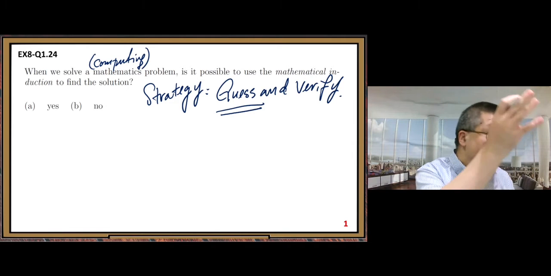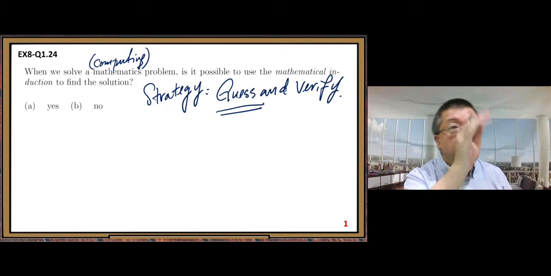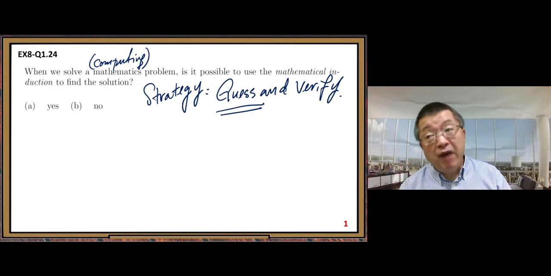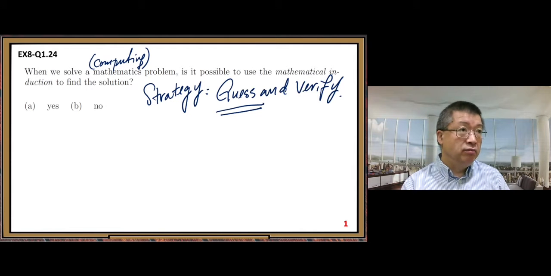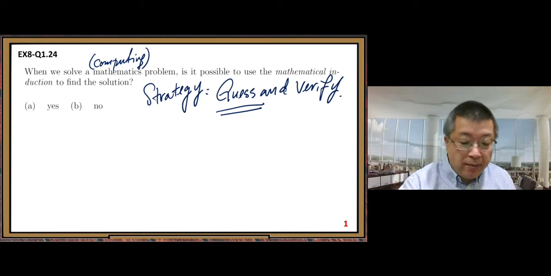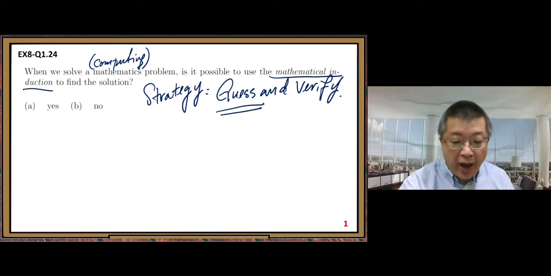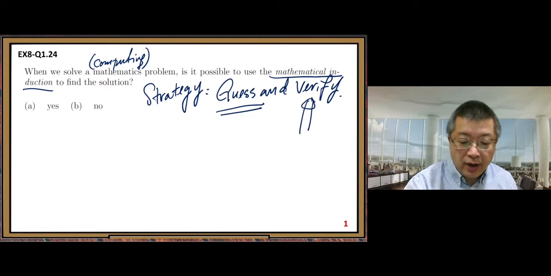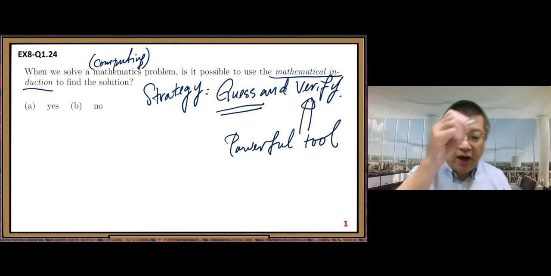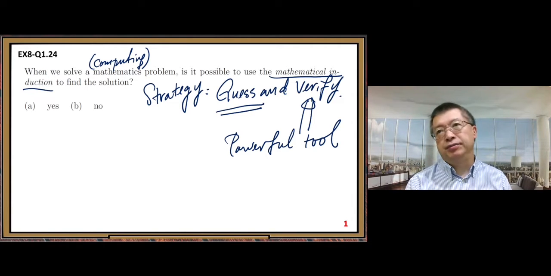But after you guess a certain possible result, you need to verify it. If you cannot verify it, then you do not know if it is correct or not, right? You have to do it. But mathematical induction is a powerful tool to verify if the result is correct or not.